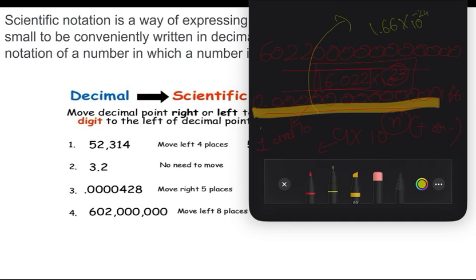Here the negative sign shows that the decimal moved to the right. It is used for very small values like the mass of an atom. Okay.